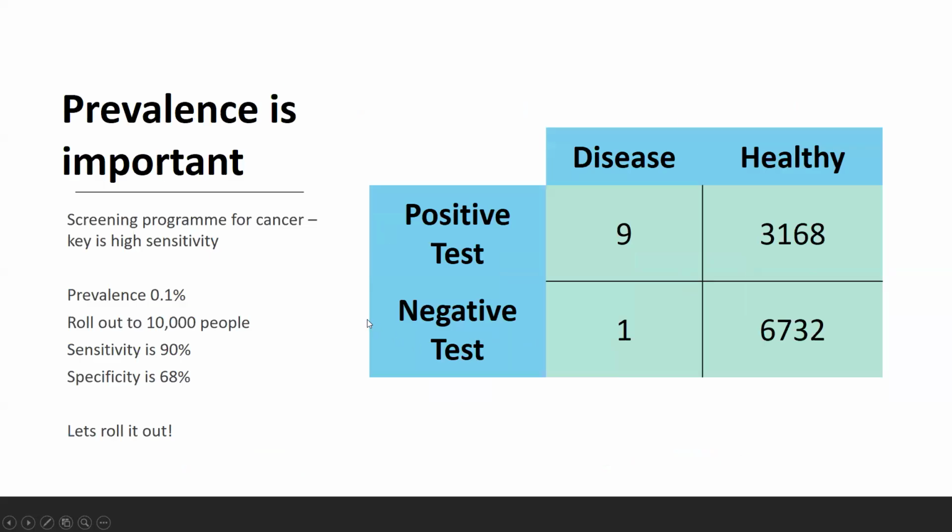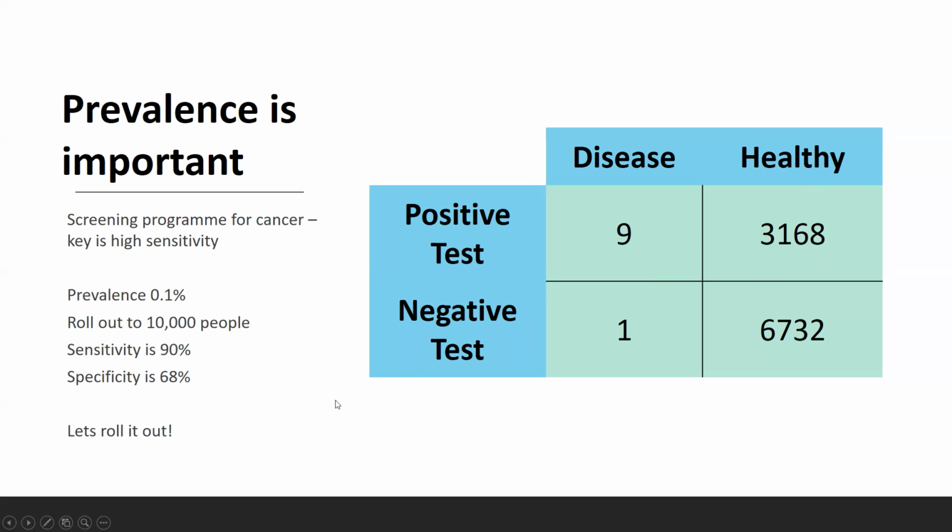And this may be a more realistic example. A cancer screening tool with a sensitivity of 90% and a specificity of 68%. Those numbers sound fantastic, where cancer is of low prevalence. If we look at the numbers here, you can see that although it picks up the patients who are diseased reasonably well, it also picks up a vast number of the healthy population.